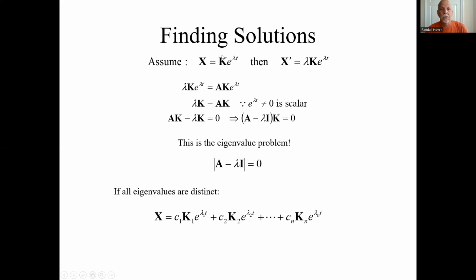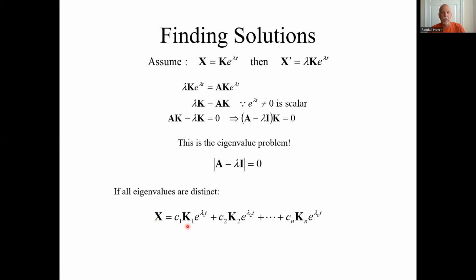We can find the solutions by solving the eigenvalue problem. That gives us the lambdas and the k's. There you go. All the hard work is stuff we already did in previous videos. So one thing, if all the eigenvalues are distinct, then it's going to give us n distinct eigenvalues and eigenvectors, these k's.